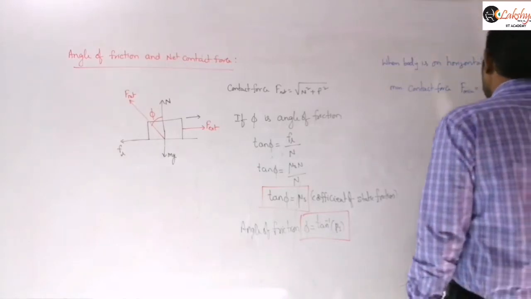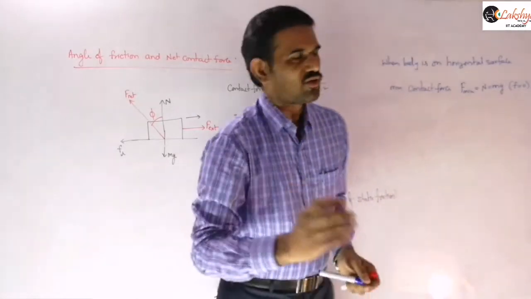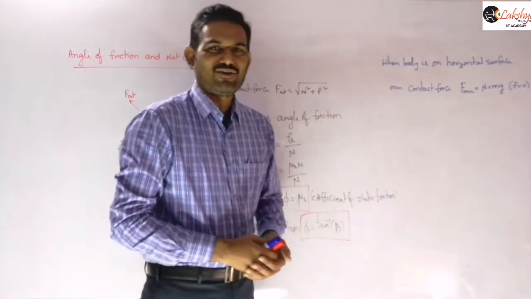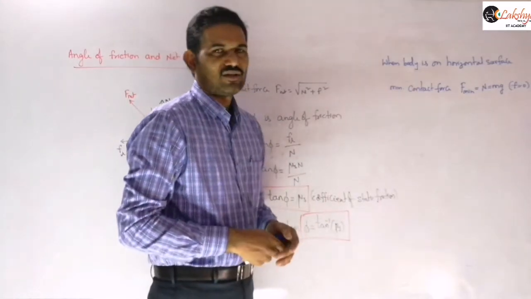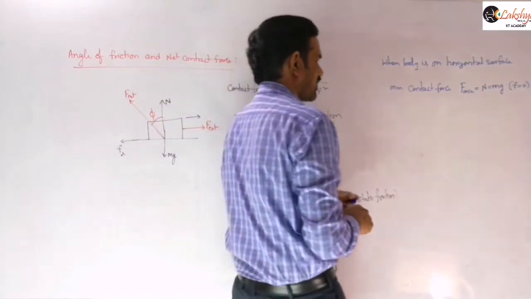That means when the friction is 0, you get only the normal reaction as the contact force in that case. And in that situation, if they ask for the angle of friction, then the angle of friction will be 0, because the friction value is 0. And so now similarly the maximum contact force.